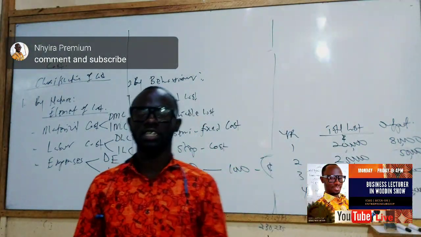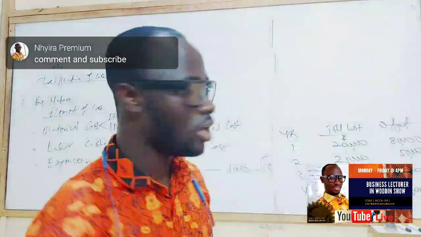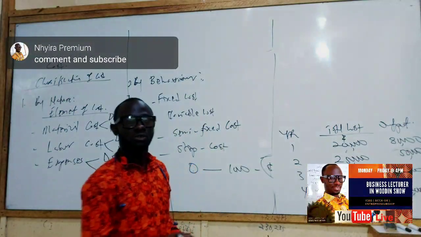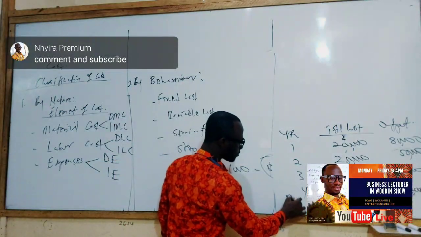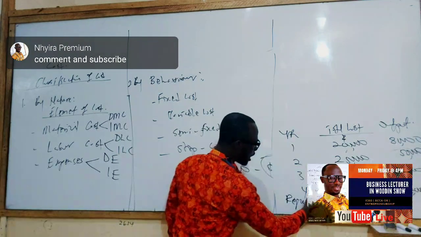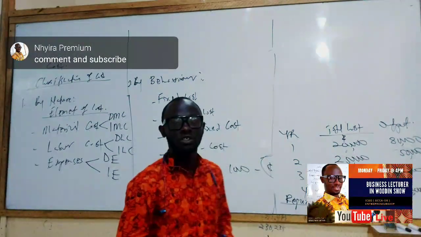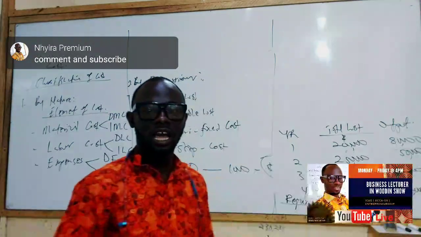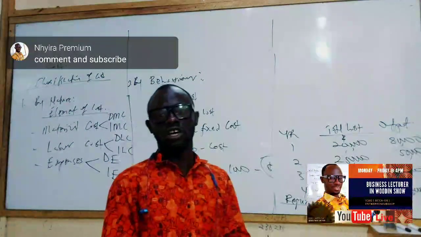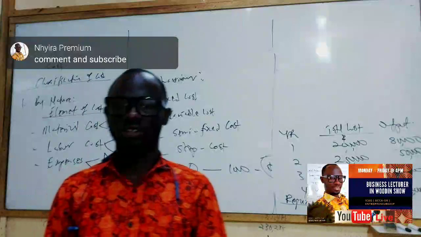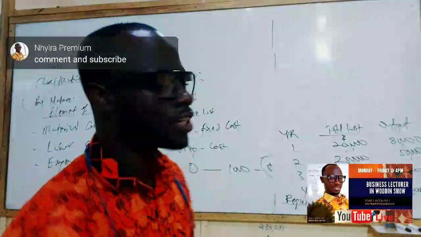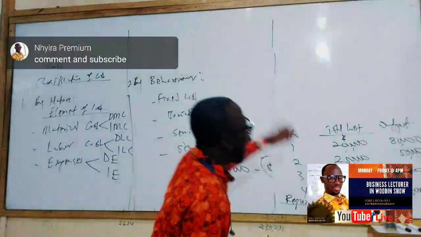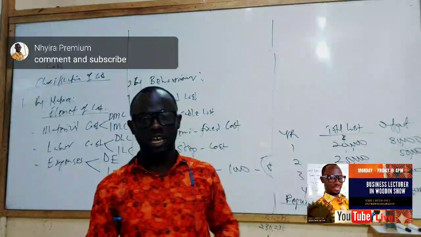This is the question you have before you, and the examiner may require you to calculate the total cost of producing 15,000 units. So you ask yourself, how do I get here?